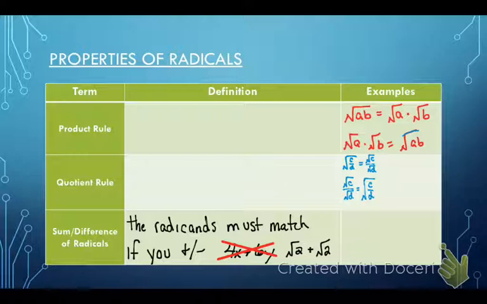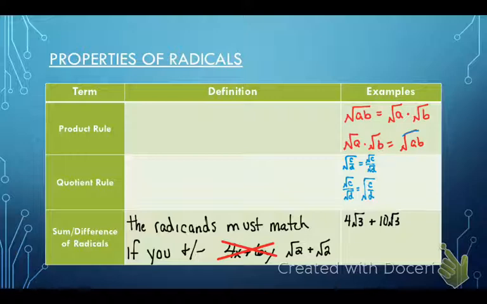Okay? So, like 4 times the square root of 3 plus 10 times square root of 3. You treat it just like you would a variable. Okay?